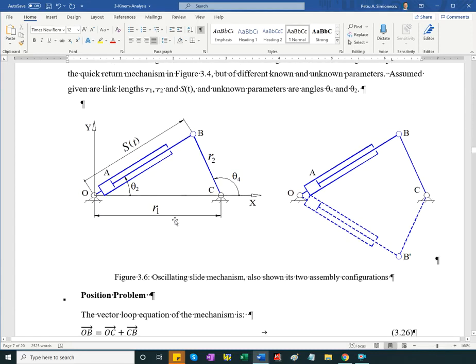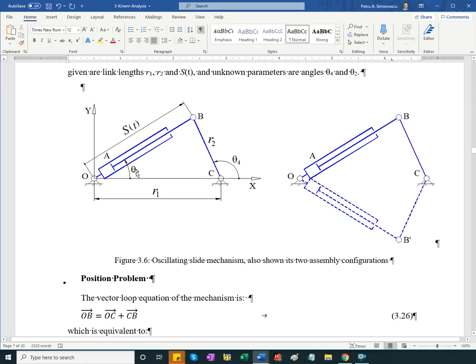Okay, so for the position problem, looking at the angle, necessarily we'll be orienting the vector associated with this link from C to B, associated to the cylinder, go from O to B because of this angle, the way we have it chosen.